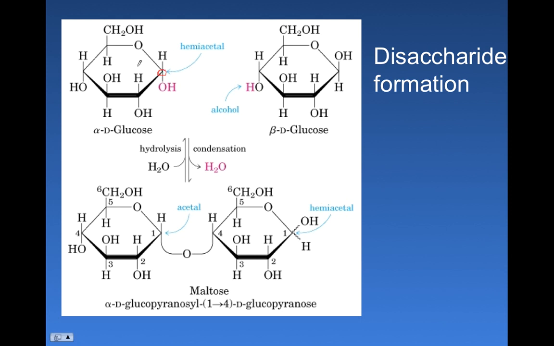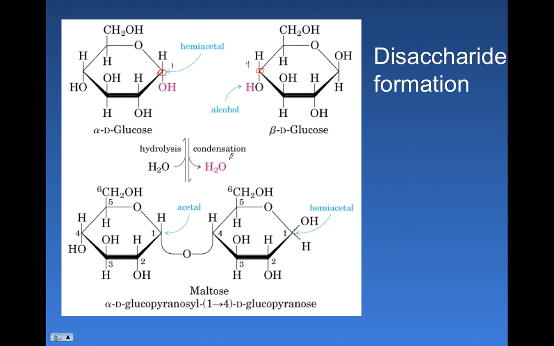We're going to link these sugars together between the 1 position and the 4 position. The 1 position is the anomeric carbon, which could be alpha or beta. The 4 position is over here, which is not anomeric, which means this alcohol group is always in the same position. And the coupling of these two monosaccharides together into a disaccharide is a condensation reaction.